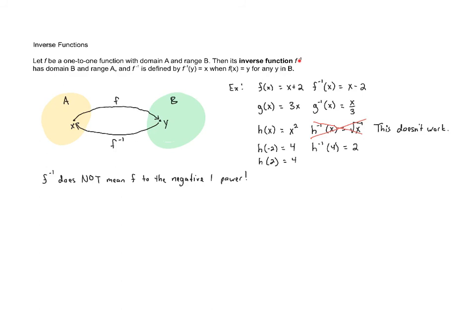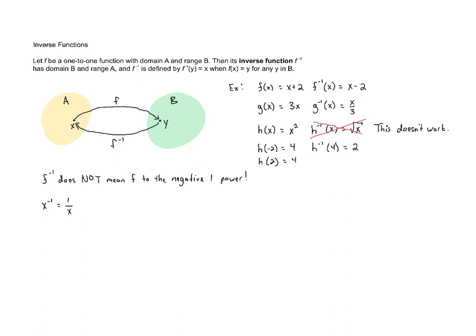This -1 on top of a function is a specific notation that was designed to say we're looking at the inverse function. So when we raise something to the -1 power, that actually means we're putting 1 over it. If we had x to the -1 power, that actually means 1 over x.